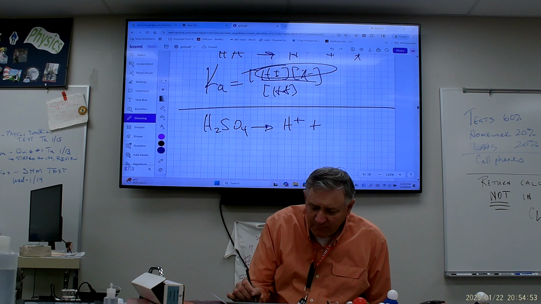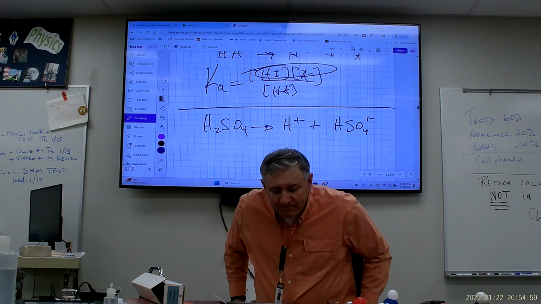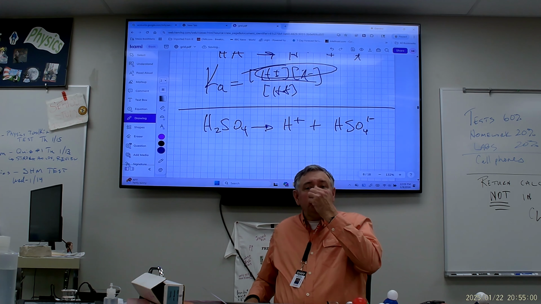You could pull off 1, and then you have HSO4 1 minus, okay? So if you look in your book and you try and find the Ka value of sulfuric acid, that Ka would be the hydronium ion times the concentration of your HSO4 minus divided by the concentration of your H2SO4 at equilibrium.